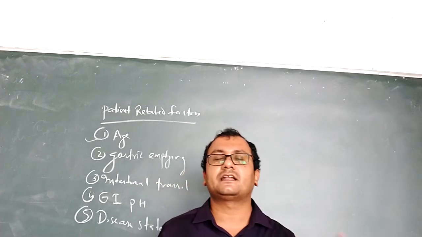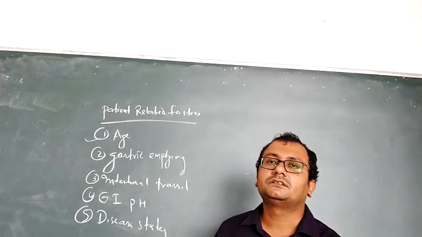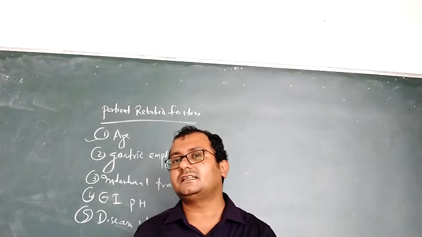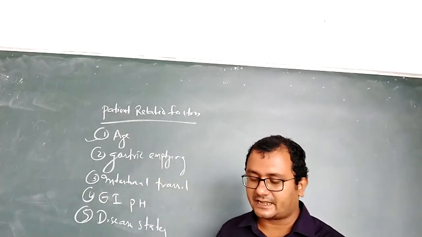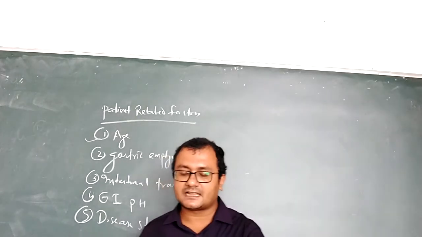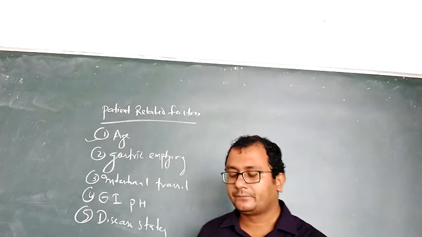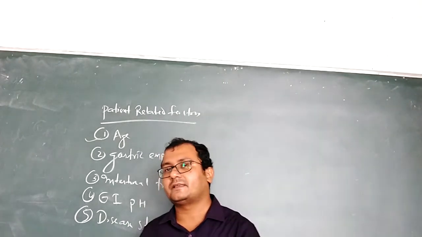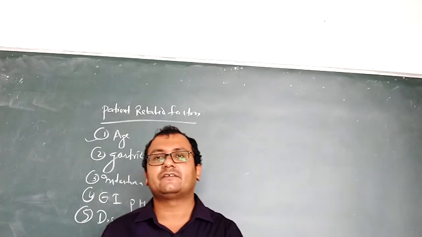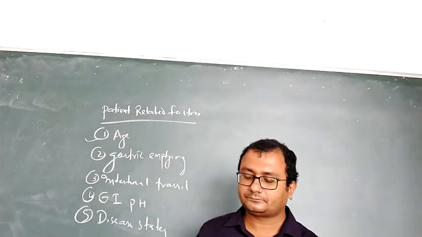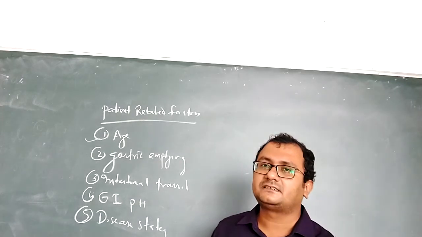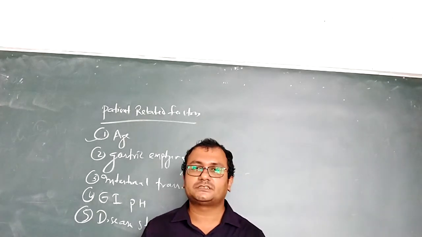Generally we should take normal temperature foods so that they can pass easily from the stomach to the intestine. Next, gastrointestinal pH. We already know the stomach pH is acidic, and if we take different types of acidic foods, that also affects gastric emptying. Then electrolytes and body posture.